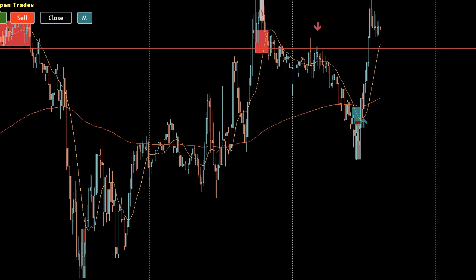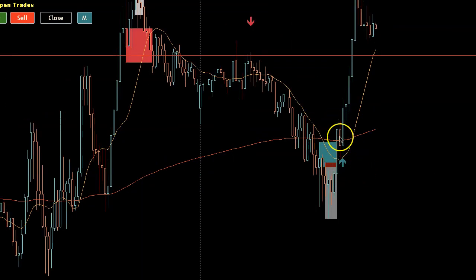So this is just one quick example. The block entry happened above the 13 and above the 200. So this would have been a good entry based on this strategy, based on these two moving averages.